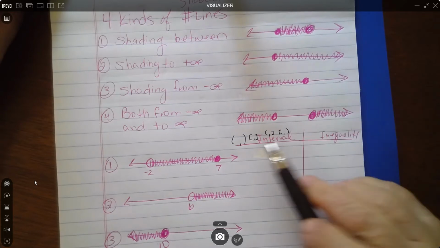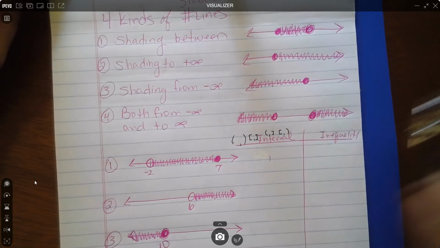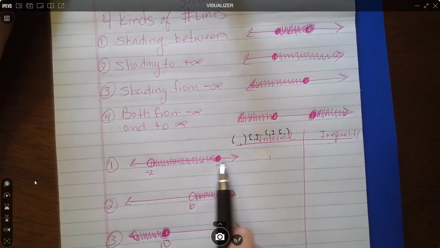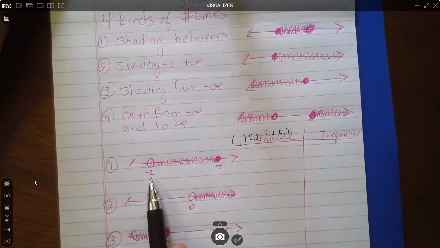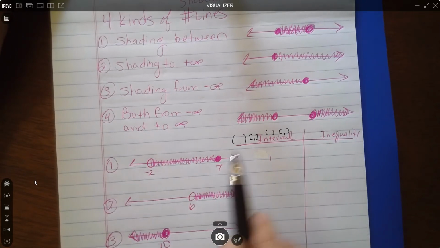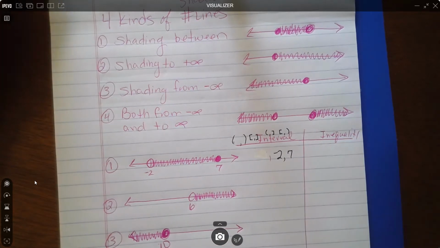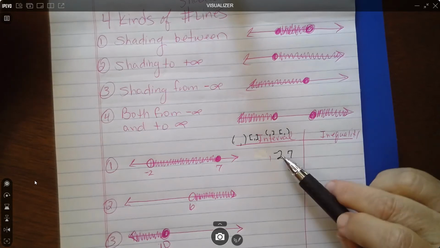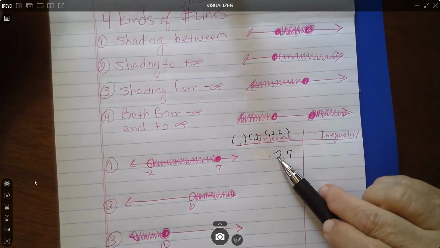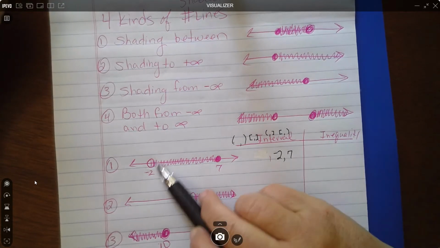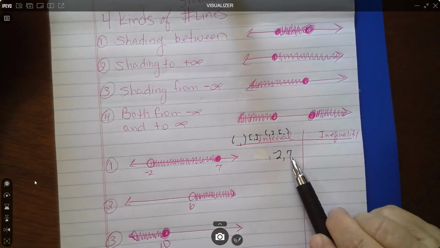And it's going to be a number, a comma, and a number. You always read the graphs from left to right, so this number right here should always come first. It's -2, 7. That's it. It's saying start shading at -2 and continue to shade until you get to 7 and then stop. That's all there is to it.